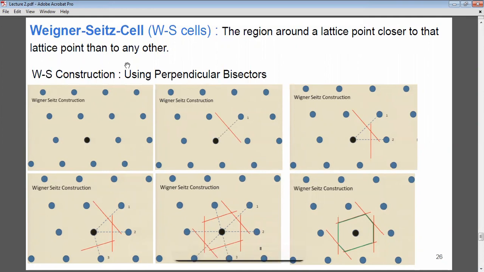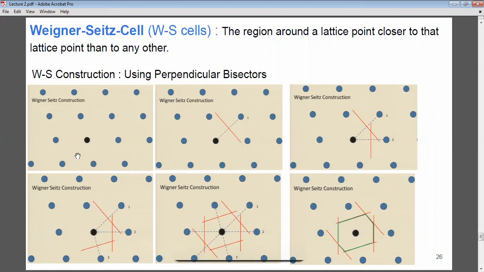For any periodic structure, you have a bunch of lattice points. You would like to find the region around one lattice point. So let's take this point here, the black one. We want to find the region around this point that is closer to it than to any other lattice point, okay? And when we find this region, this is what we call a Wigner-Seitz cell.